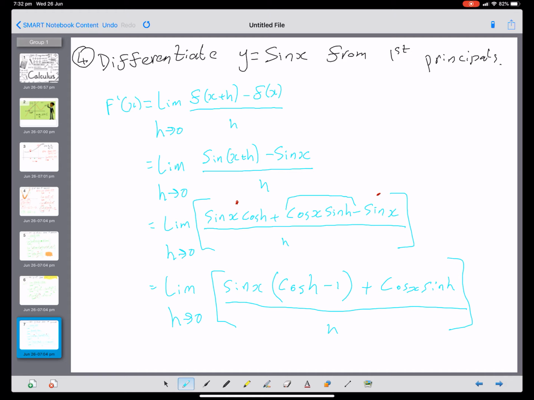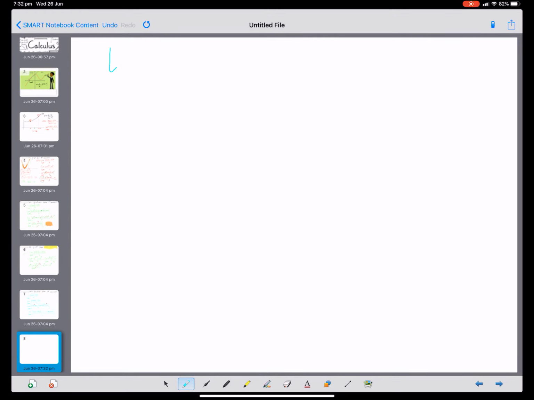Using our rules of limits, we can rewrite these as separate limits. I'm going to go to a new page. So we get the limit as h goes to 0 of sine x times cos h minus 1 all over h, plus the limit as h goes to 0 of cos x sine h all over h.